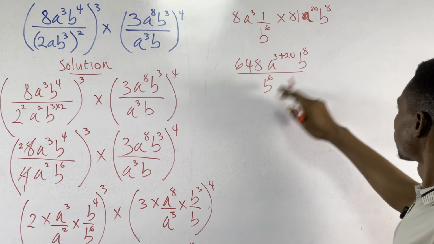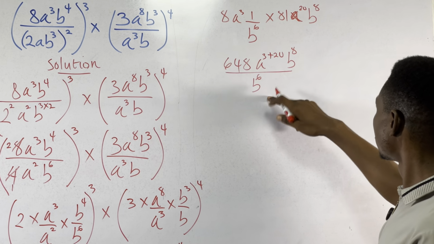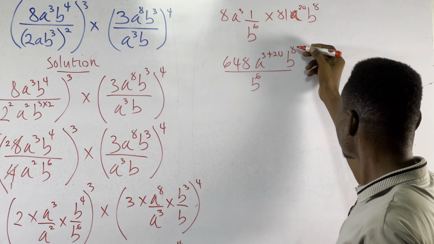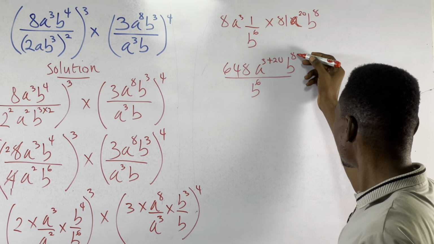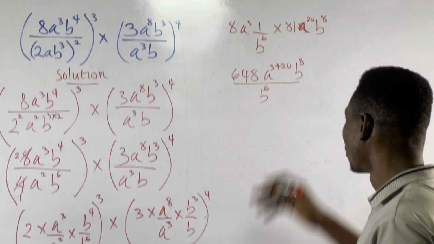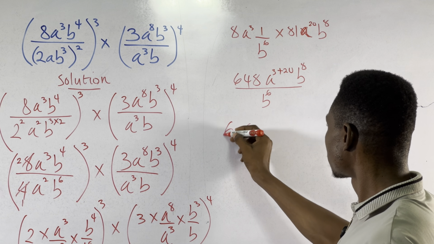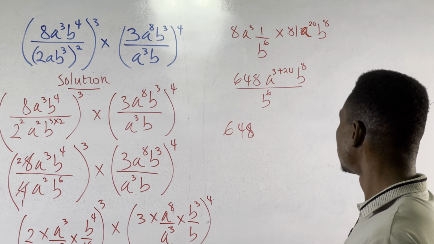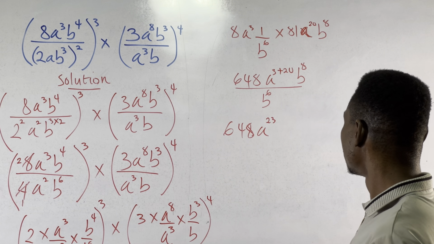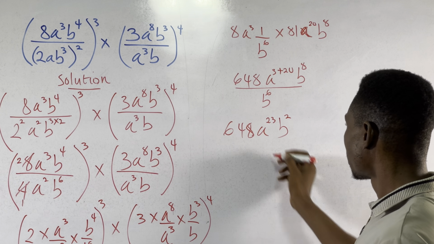Following the same law of indices that we applied earlier, the division law, we'll subtract the powers. That's subtracting 6 from 8, the power of the denominator from that of the numerator when we are dividing. So this gives us 648 a23 b2. And that's our answer.